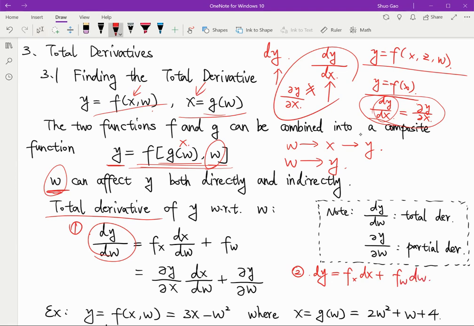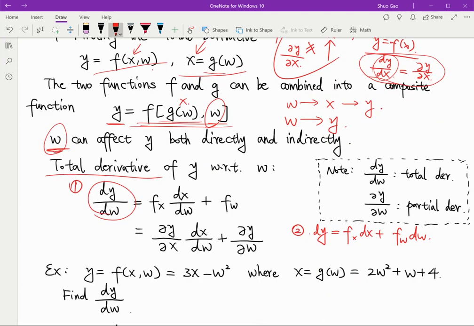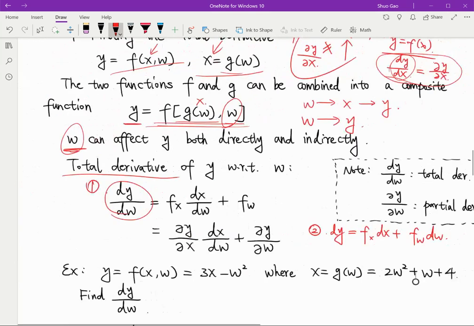So fx is the partial derivative of y with respect to x, and fw is the partial derivative of y with respect to w, right? So we first write down the total differential function like this, and then we divide dw on both sides.